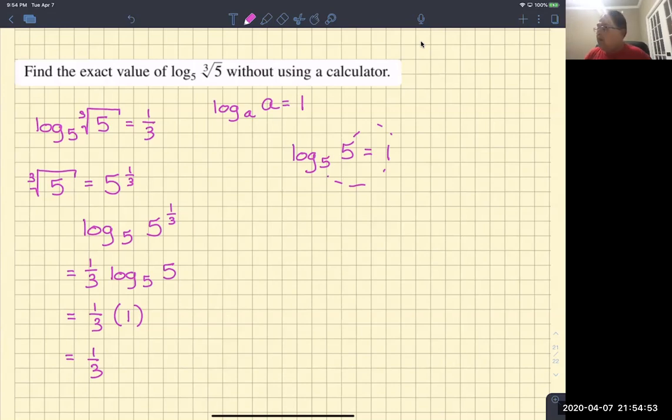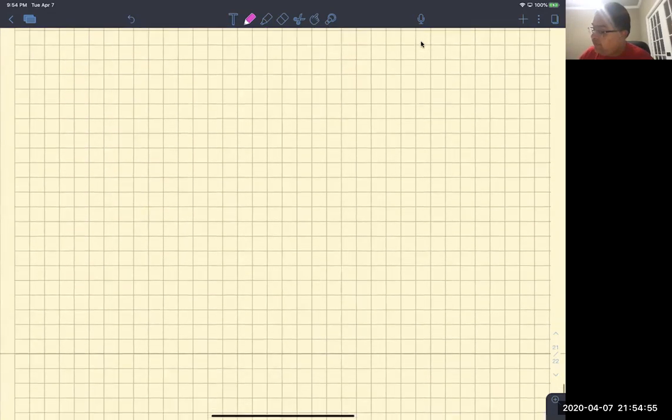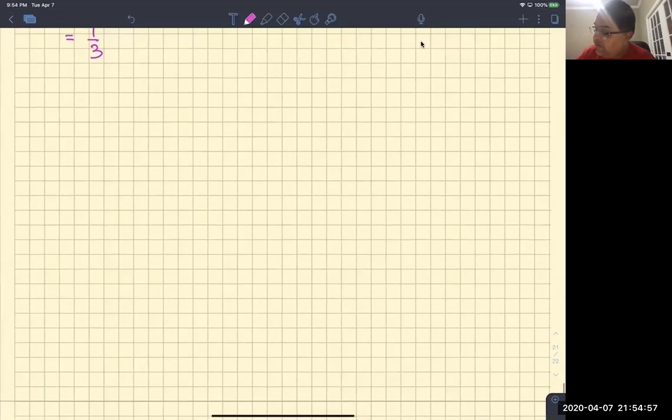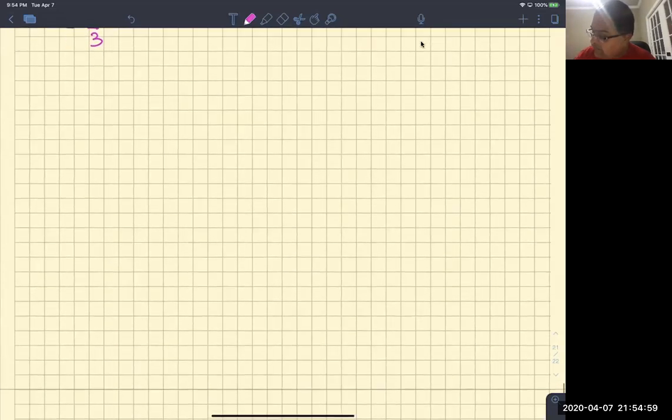Now, before I let you go, I want to say one more thing. Let's look at the difference between, say, common log of 2 cubed versus the common log of 2, all of it cubed.